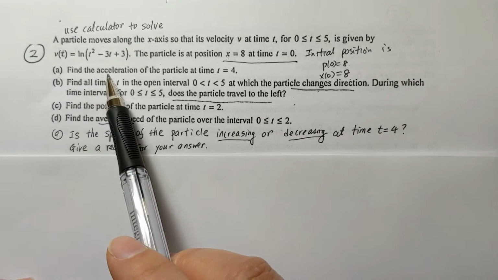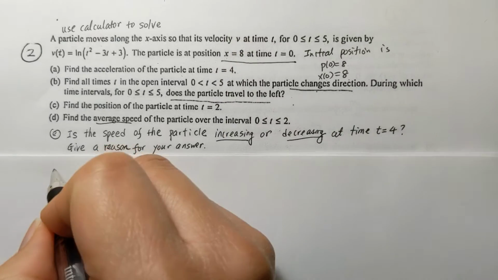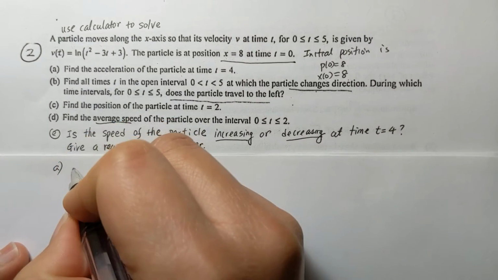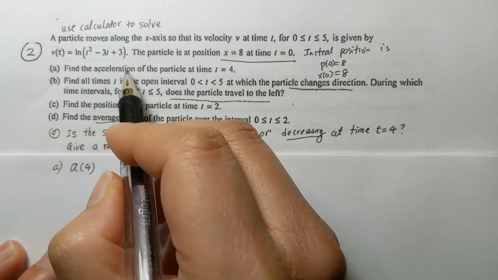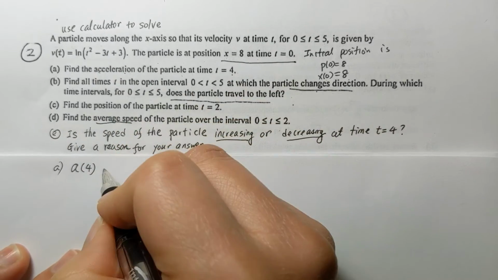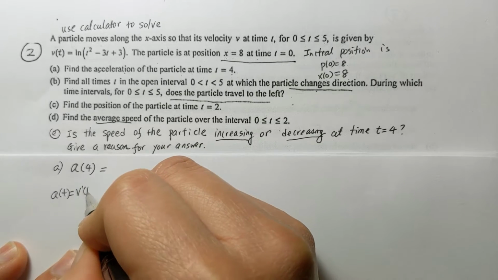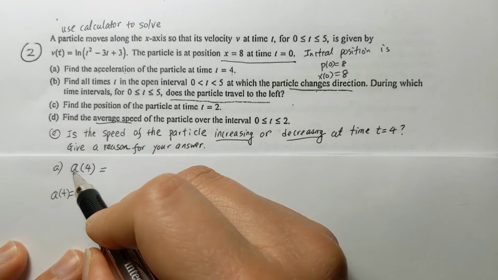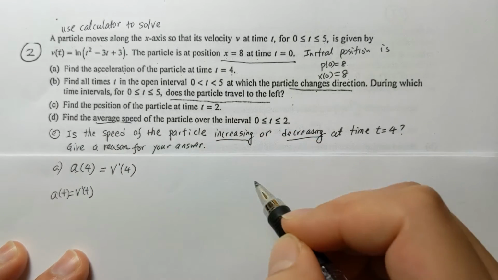Find the acceleration of the particle at t equal to 4. So we have to find a of 4. We know that a of t equals v prime of t, therefore a of 4 equals v prime of 4.